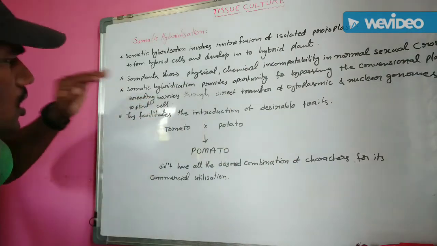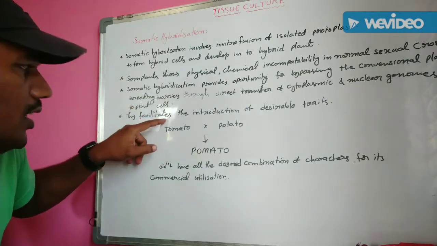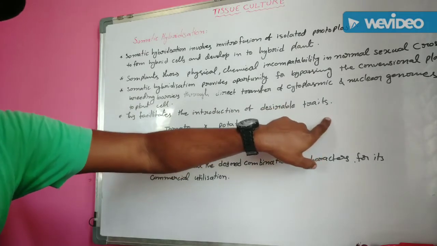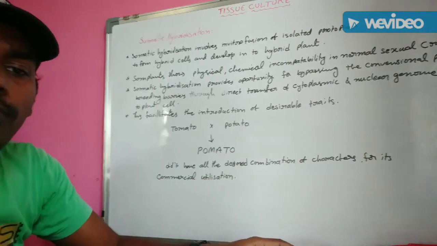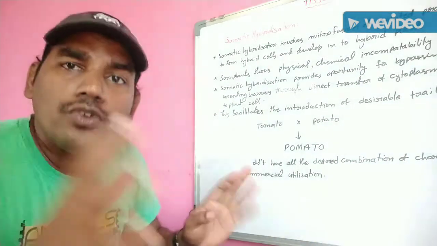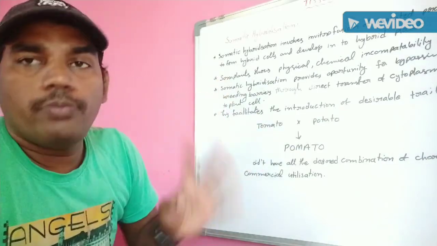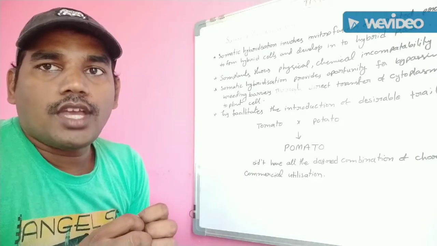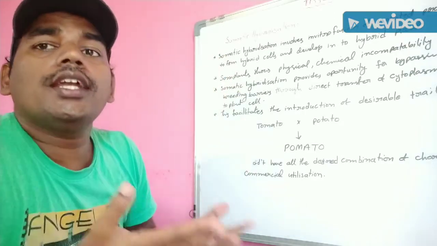Next, somatic hybridization facilitates the introduction of desirable traits. So somatic hybridization means nothing but fusing isolated somatic protoplasts. Isolated protoplast fusion is known as somatic hybridization.